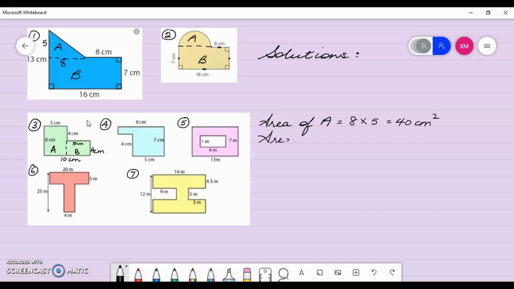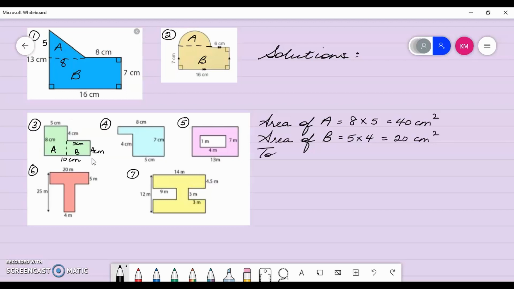Next, my area of shape B. My area of B, which is another rectangle, is going to be 5 by 4. 5 by 4 is 20 centimeters squared.